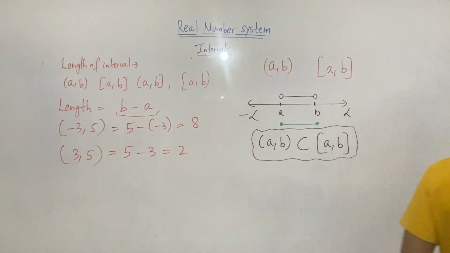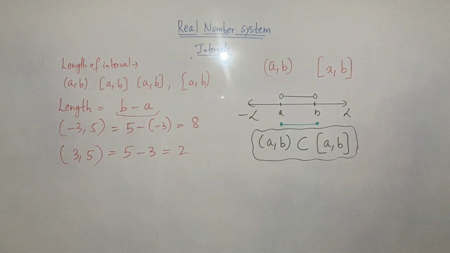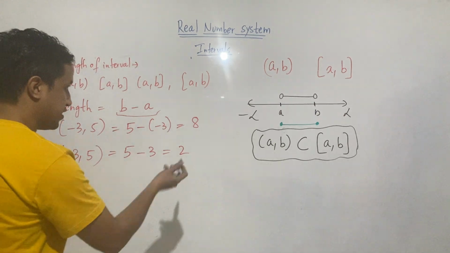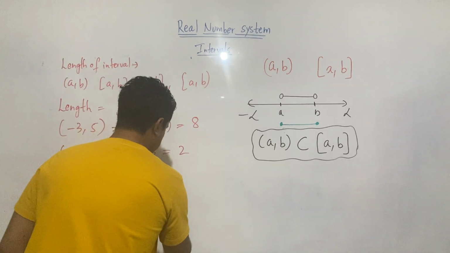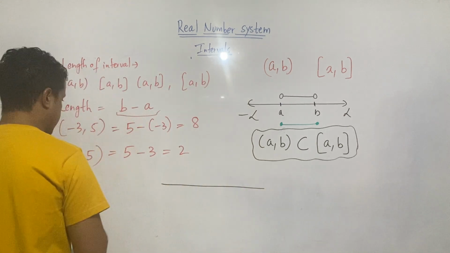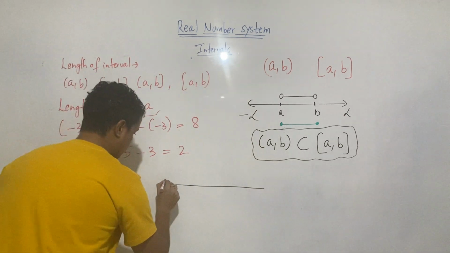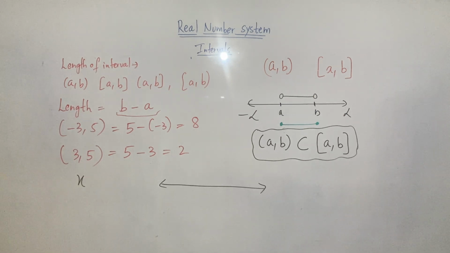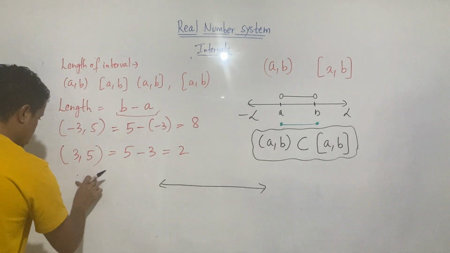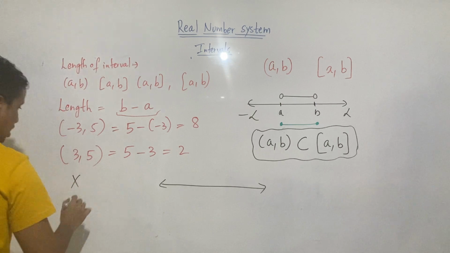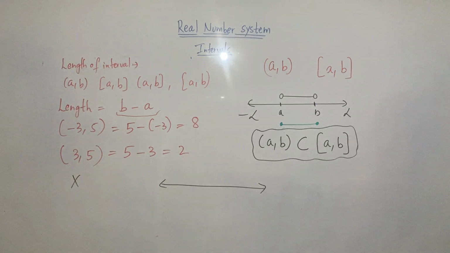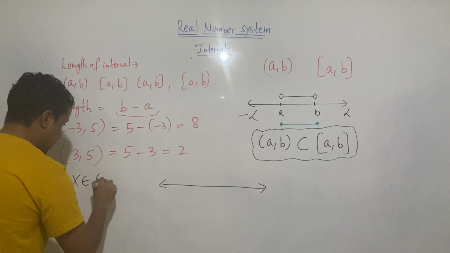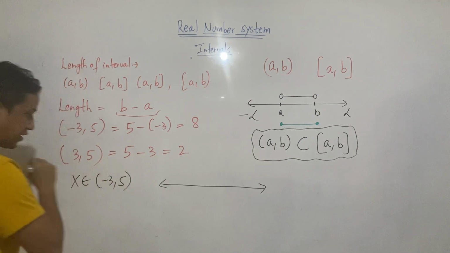Now one more thing I want to discuss: let's say I have a number line and here I have an interval. X represents the set of elements that belong to the interval minus 3 to 5.